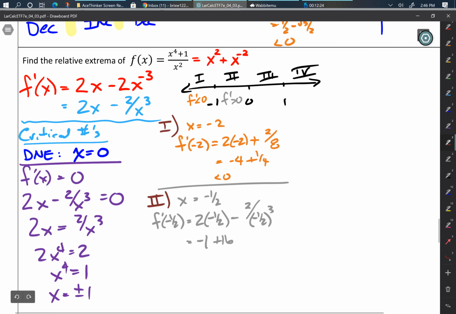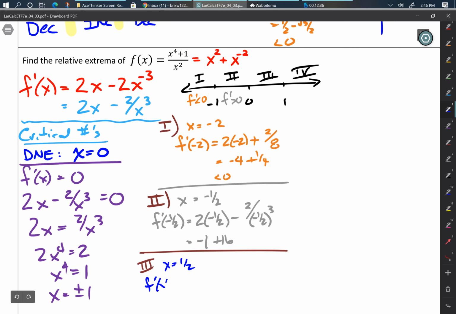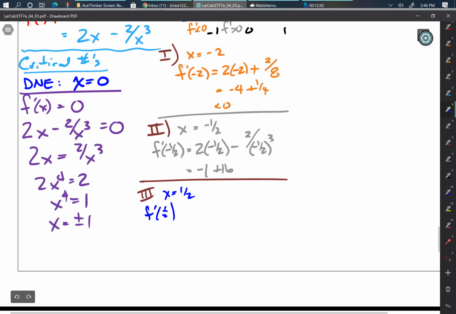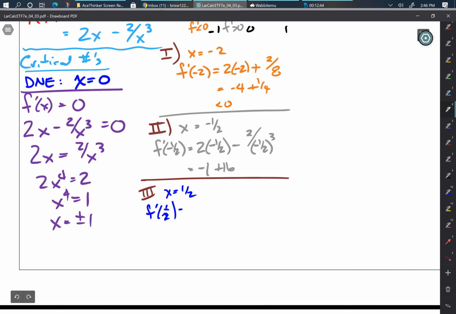Now I'll check my third interval. I'm going to use positive 1/2. So the value of the derivative at 1/2 is going to be 2 times 1/2 minus 2 divided by 1/2 cubed. 2 times 1/2 is 1, minus, that's 16 again, right?